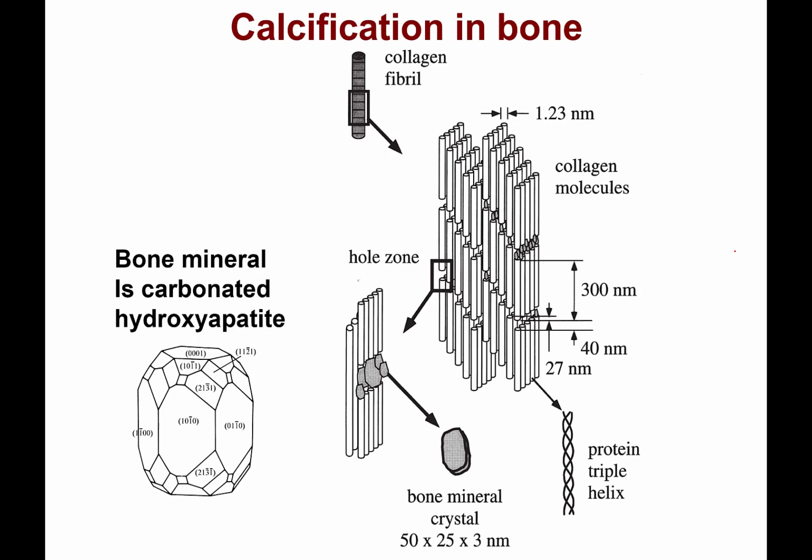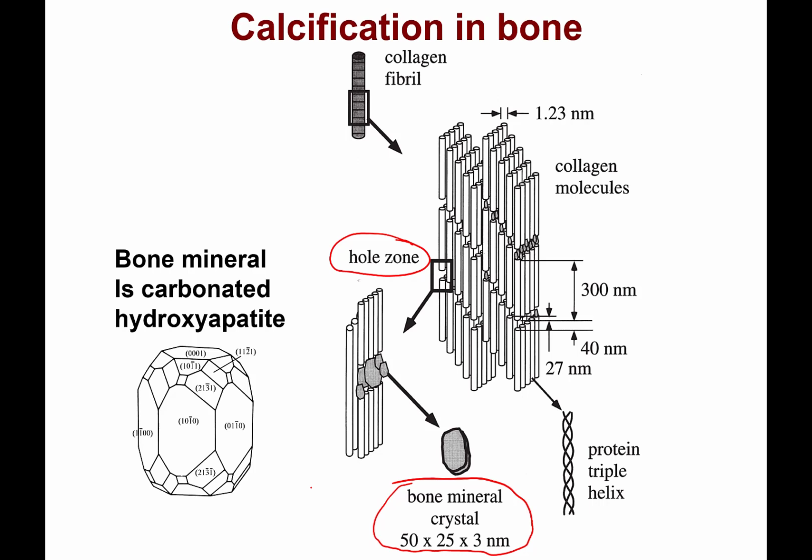So now if we look a little bit more at this mineralization, this collagen fibril is made up of individual collagen molecules, and you can see they stack and align, but there are gaps, and these gaps are known as hole zones. And these are really important because the hydroxyapatite, those nanoscale bone mineral crystals, preferentially form there.